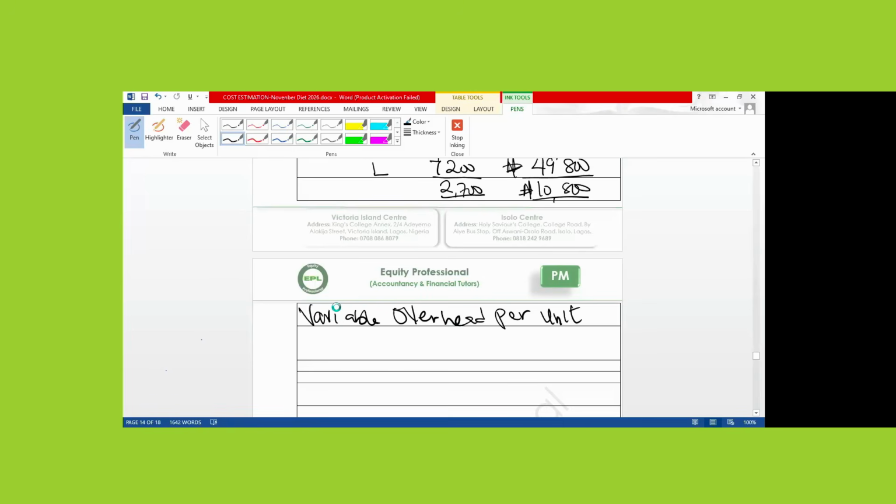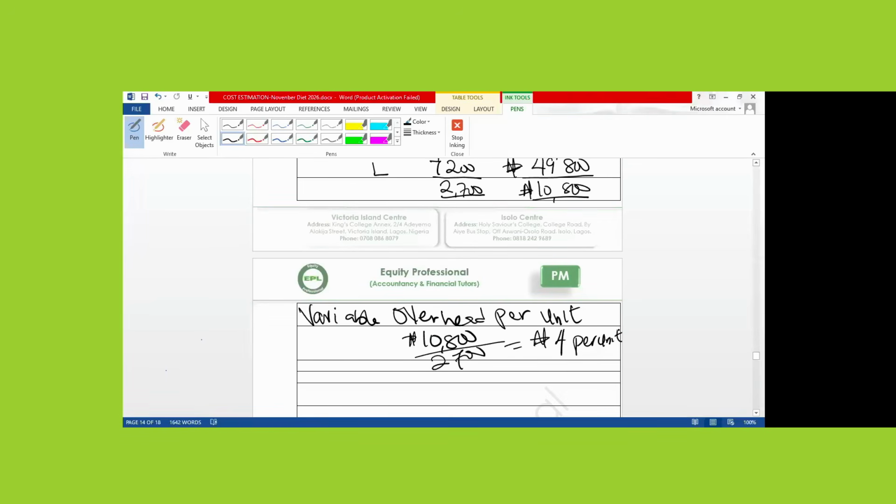Our variable overhead per unit will be 10,800 divided by 2,700. That is 4 naira per unit.